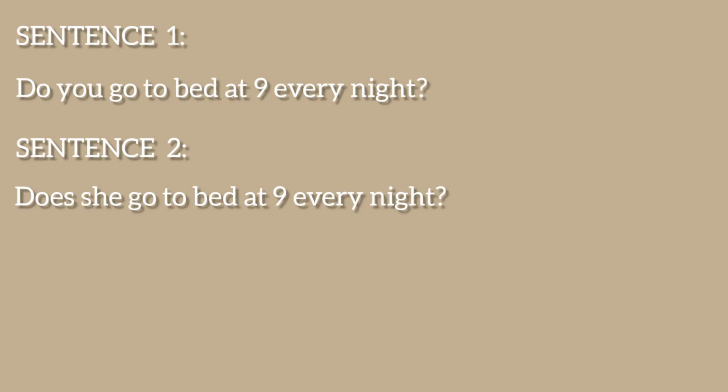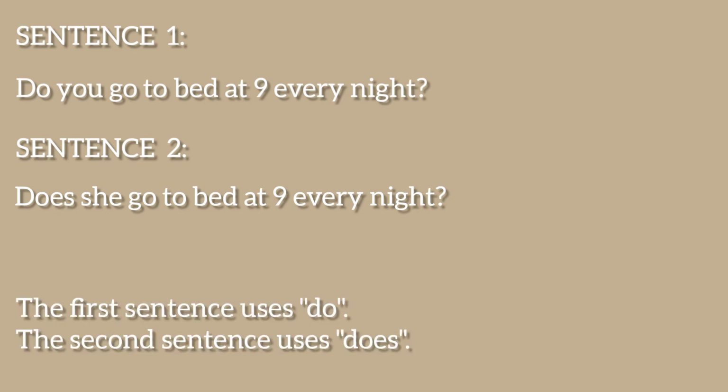The second sentence: Does she go to bed at 9 every night? Okay, now I'm sure that you can see the difference between the first sentence and the second sentence, right? Yeah, the first sentence uses do and the second sentence uses does.